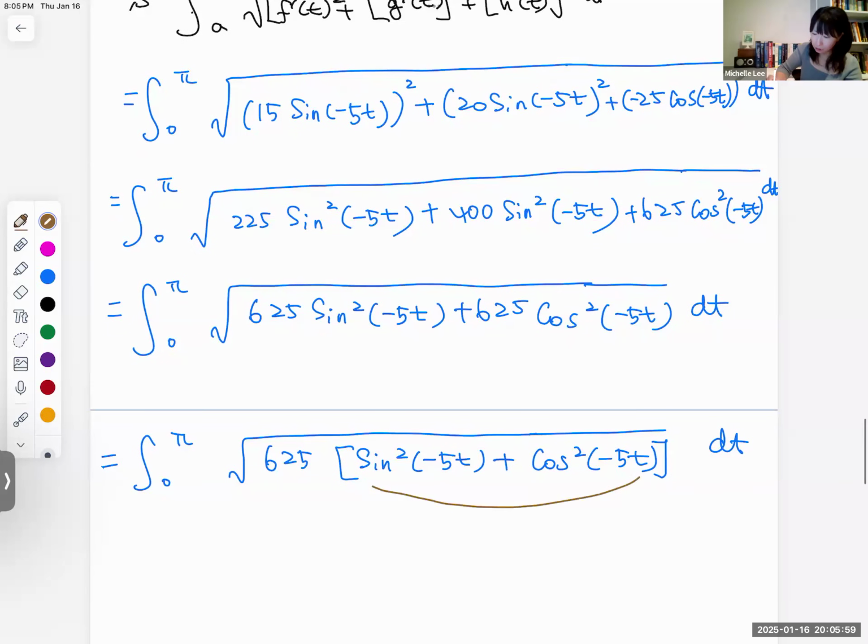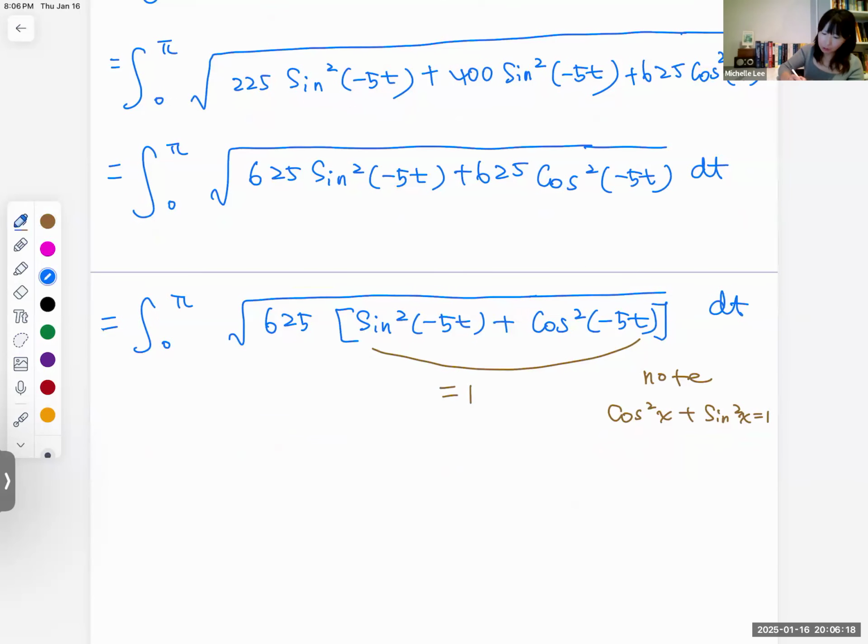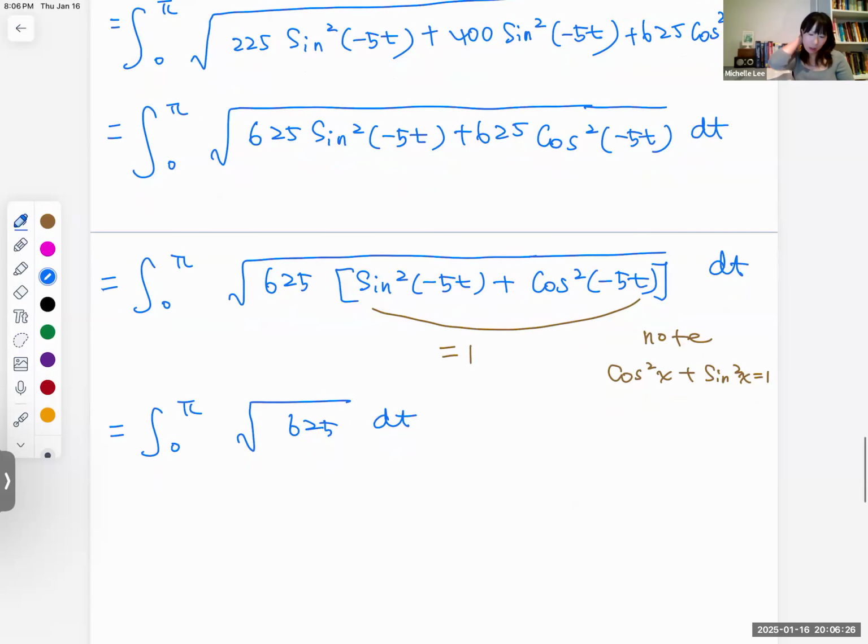So this is 1. Note cosine square x plus sine square x equal to 1, right? Okay, so then we have just 625 dt, square root of 625, which is 25.